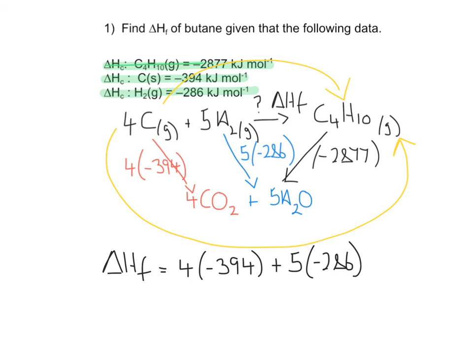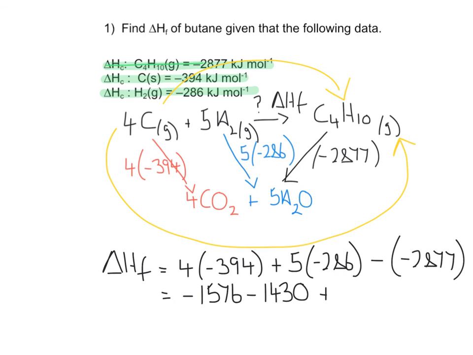We're going against the direction of the black arrow, so minus negative 2877. Then when I solve, minus 1576 minus 1430, 2 minuses make a positive, so plus 2877. The answer comes out at minus 129 kilojoules per mole.